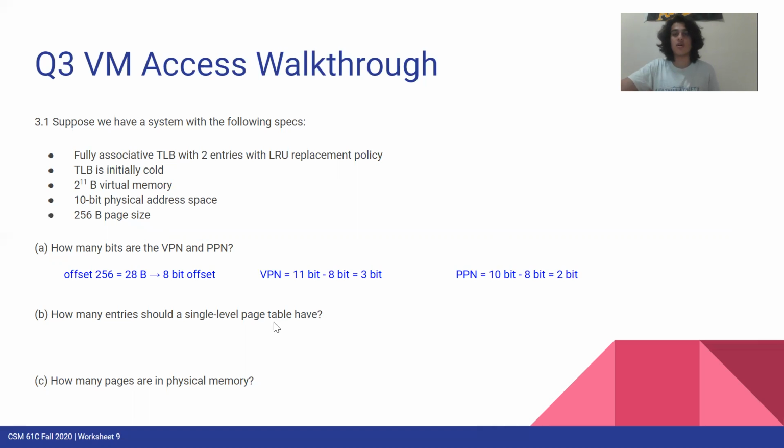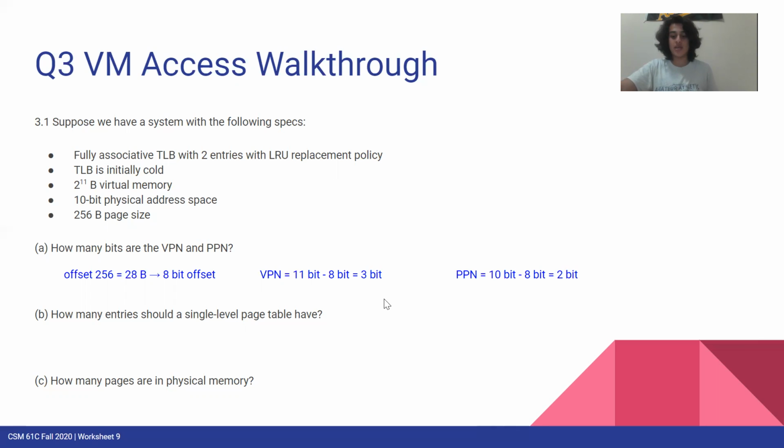We're given a 10-bit physical address space, so our PPN has 2 bits because it has an 8-bit offset, of course. And we have 2 to the 11 bytes of virtual memory, which means we have an 11-bit virtual address space. The offset is 8 bits, so we have 3 bits of virtual page number.